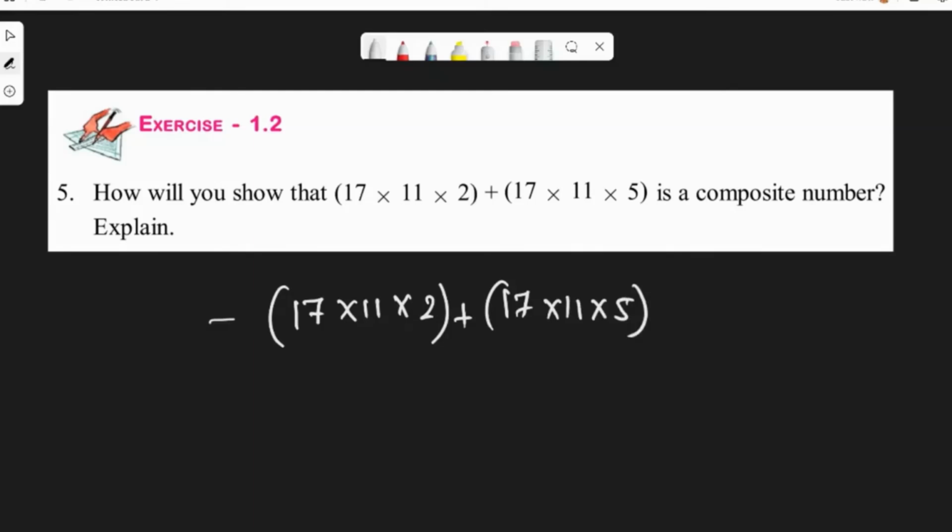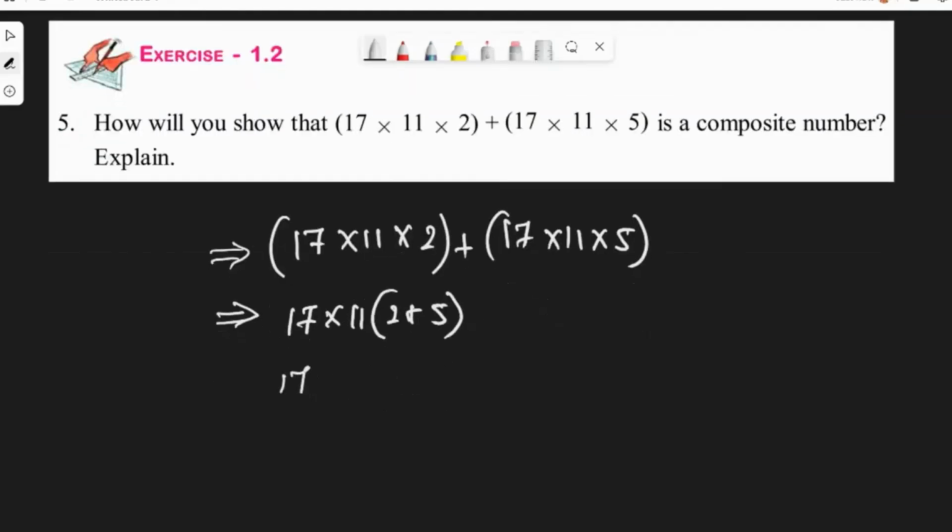When we see this kind of sum, we should see which numbers are common in both of the terms. The numbers common in both terms are 17 and 11. So let's take 17 and 11 common out of the two terms. So we'll get 17 into 11 in brackets 2 plus 5. So it will be 17 into 11 into 7.